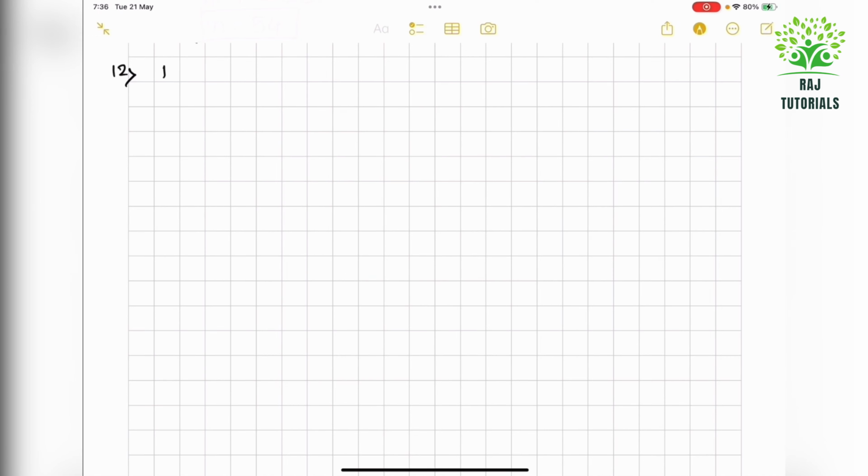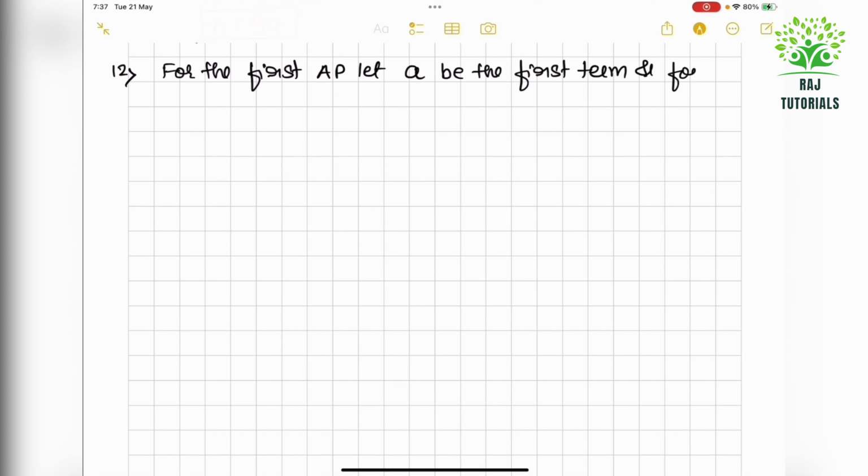So for the first AP, let A be the first term and for second AP, let the first term be A dash.